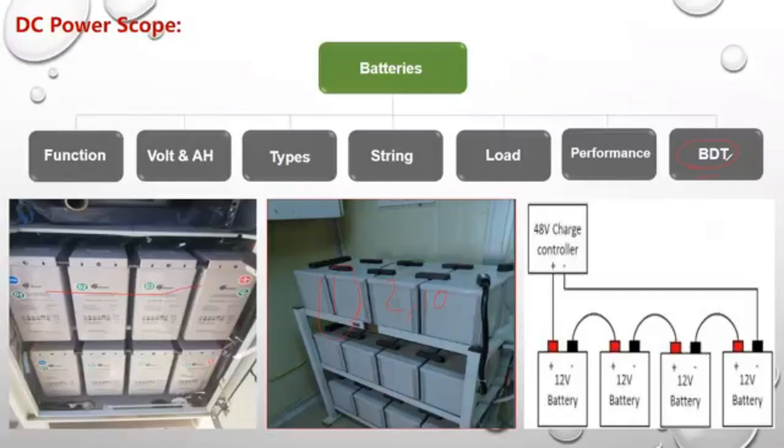This is the most common use, what we're used to. Now, there's another use for this BDT.